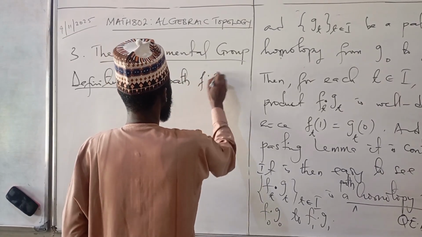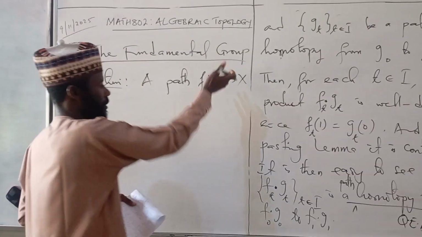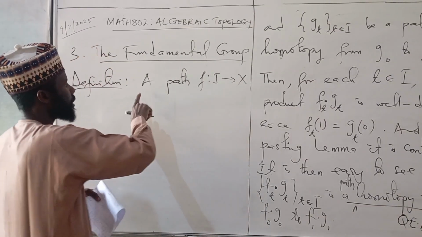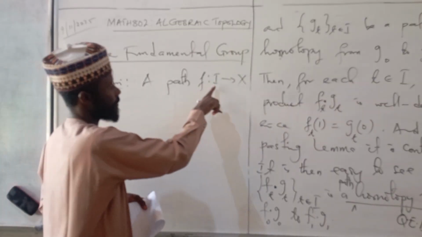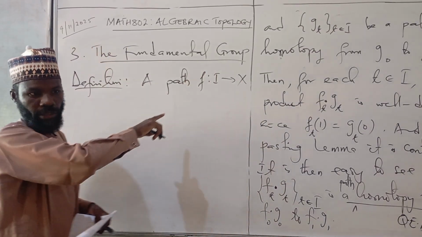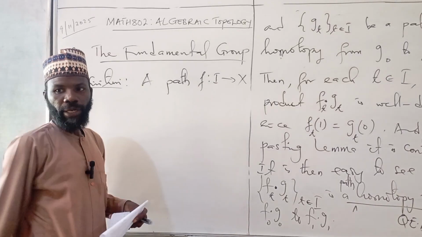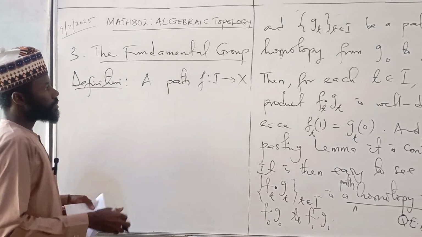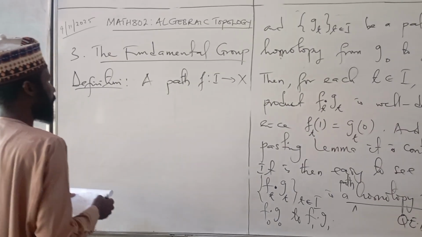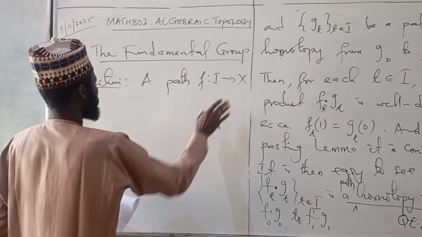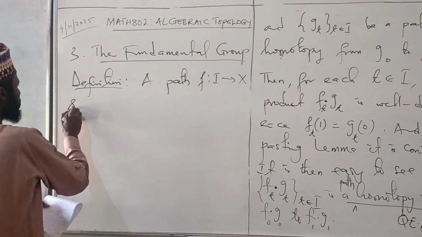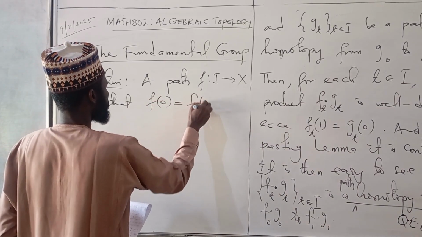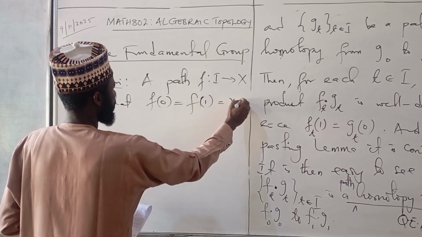Let X be a topological space and f be a continuous mapping from I to X, where I is the interval [0,1]. Things are already familiar to us, that's why we are allowed to skip a lot of assumptions here. Such that f(0) is equal to f(1), a point in X.